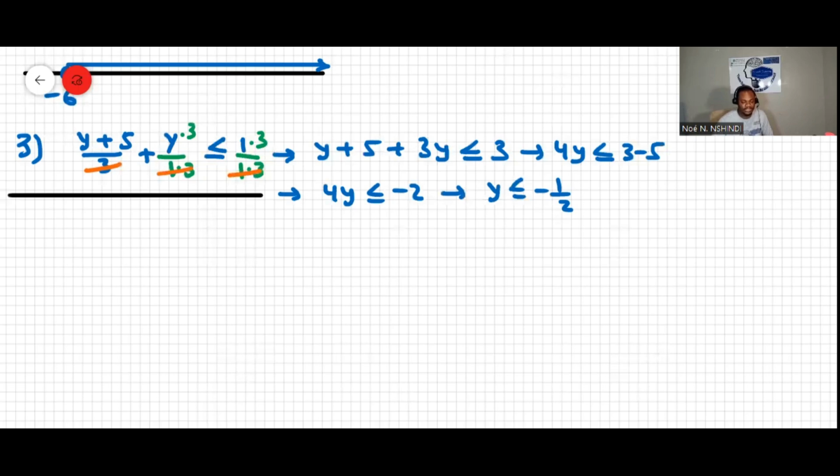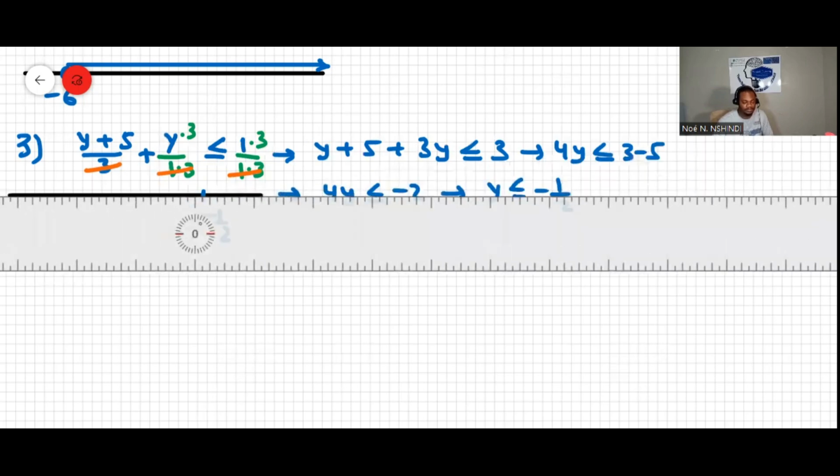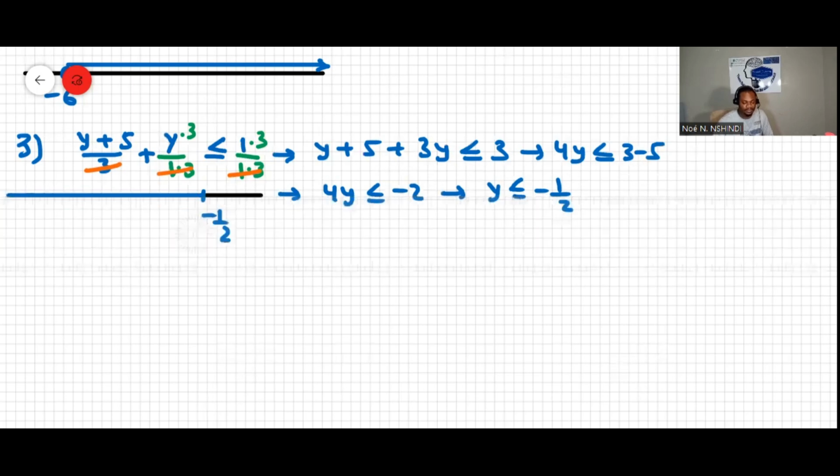So let's say negative a half is here. And then the number line goes there. That's going to be like a complete circle. Yes, here it is. That was question 3. Now we can also do question 4.